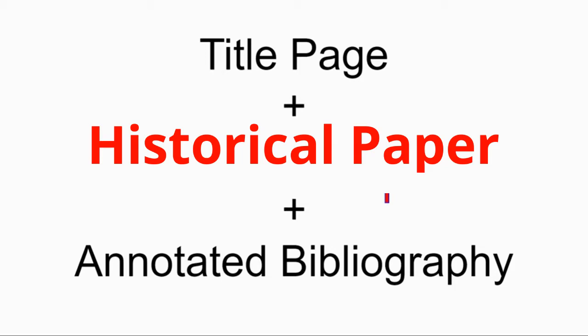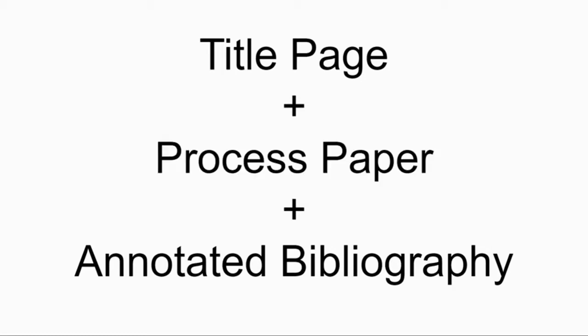So if you're doing a historical paper, you will not be doing those 4 paragraphs, but rather that's where your project goes. But everybody else will be completing this process paper with the annotated bibliography and the title page.